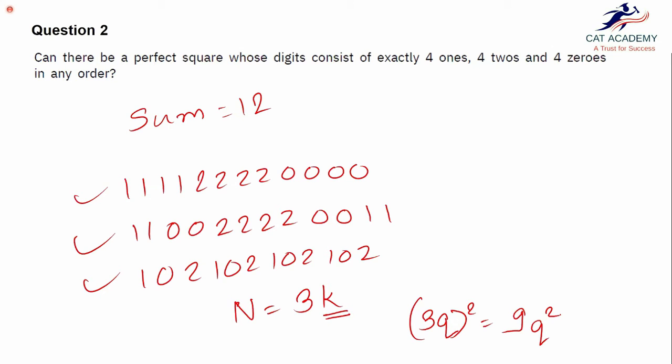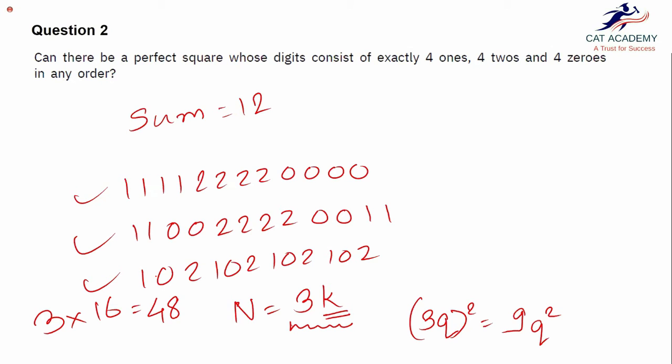So how can 3 appear in my factors? Let's take an example, a number that is divisible by 3 but not by 9. So 3 into, maybe I can take 16. That is 48. Is it a square?